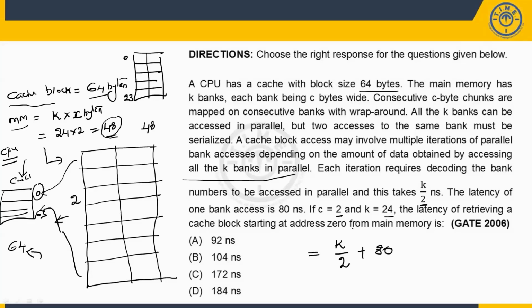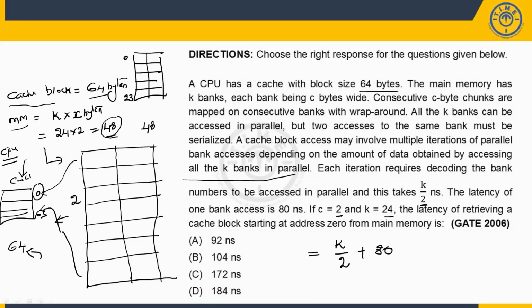Okay, so the latency of retrieving a cache block starting from the 0 address from the main memory is, that is, when you want to make a transfer from main memory to the cache memory, what is the total latency? Here, total main memory can be accessed at a time because each and every bank can be accessed in parallel.